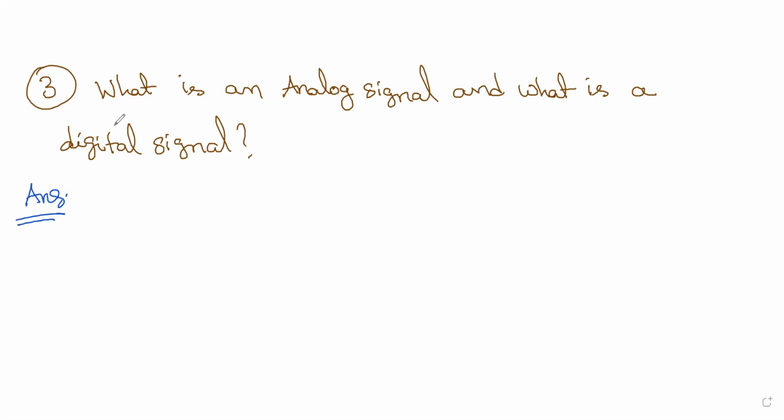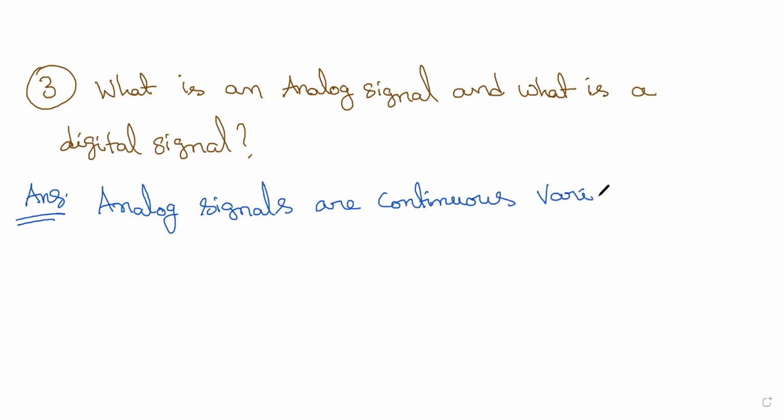The answer would be: analog signals are continuous variations of voltage or current.